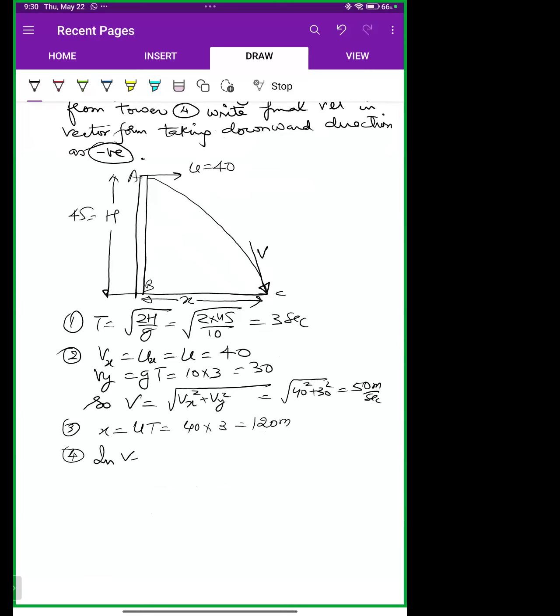Sir, there is V vector 40i minus 30j. Yes.